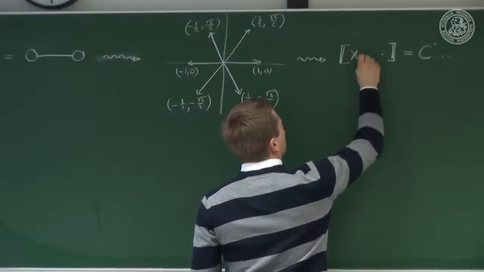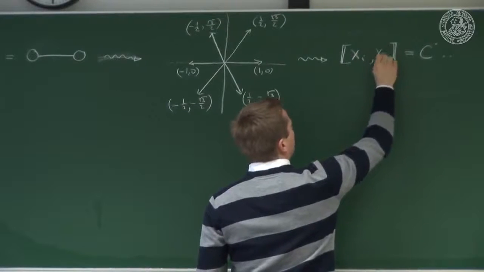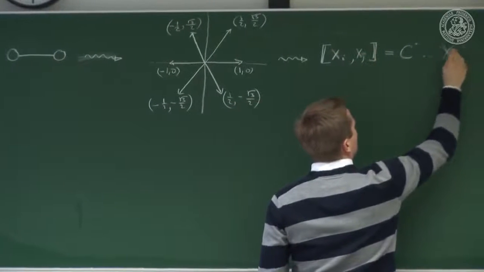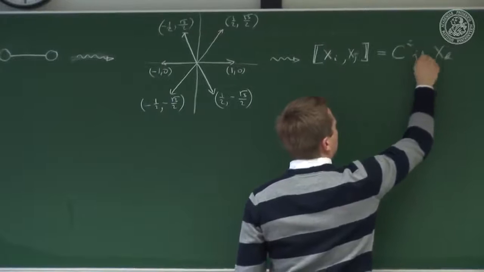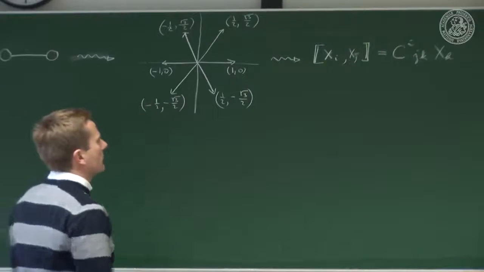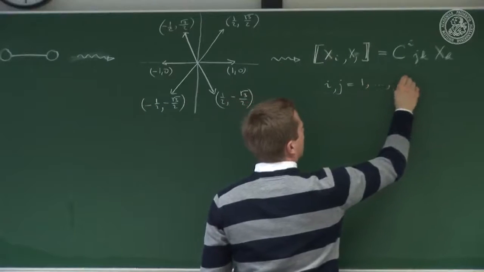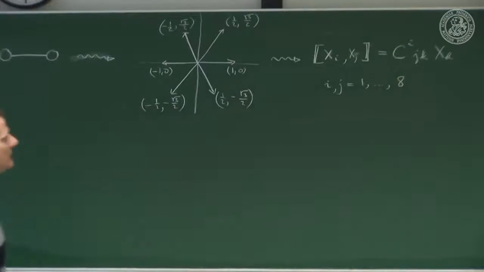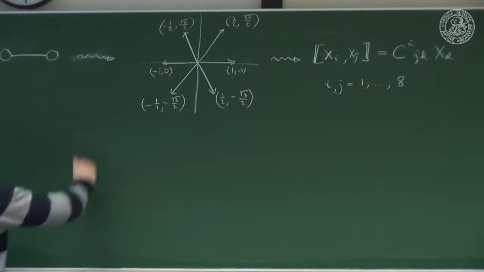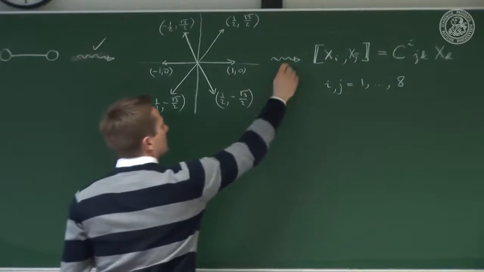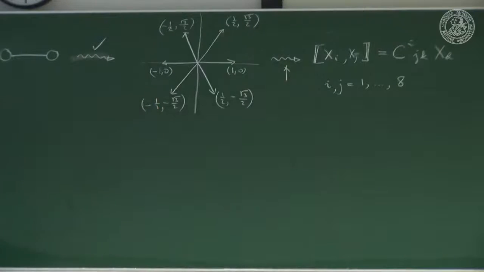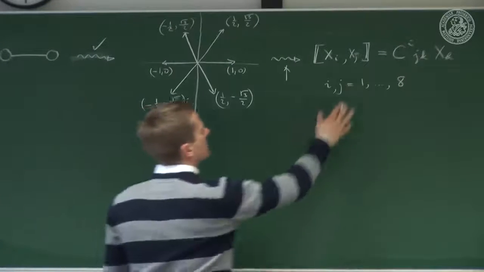So if I chose a basis xi, xj, there'd be structure coefficients c_ij^k here. And we already saw that in this case here, i and j run from 1 to 8, because it's an 8-dimensional algebra. So this we already completed, and this step we will now perform. So how do we get these commutation relations?